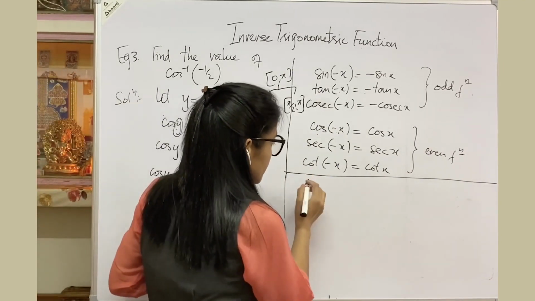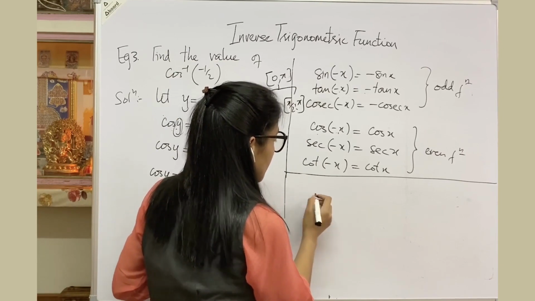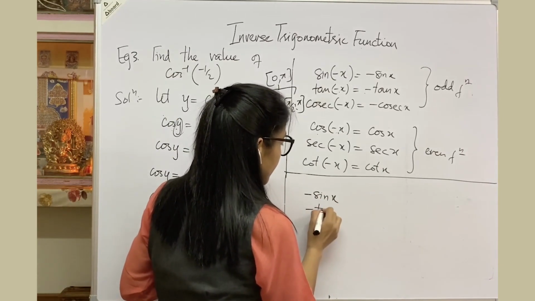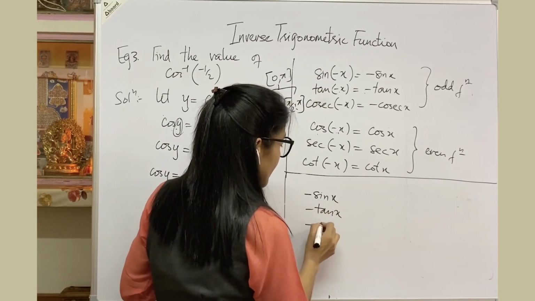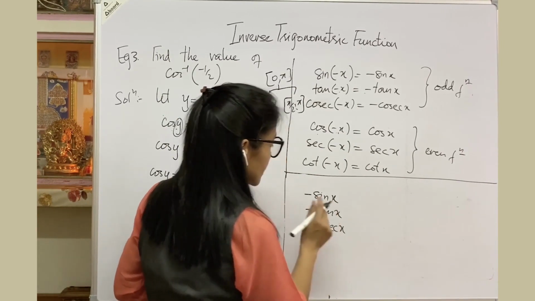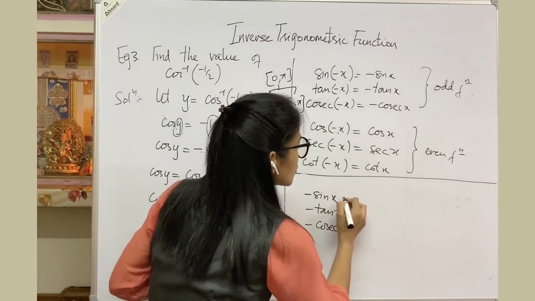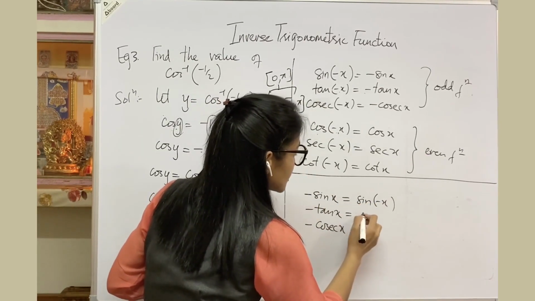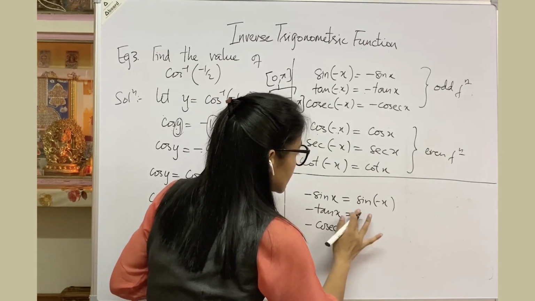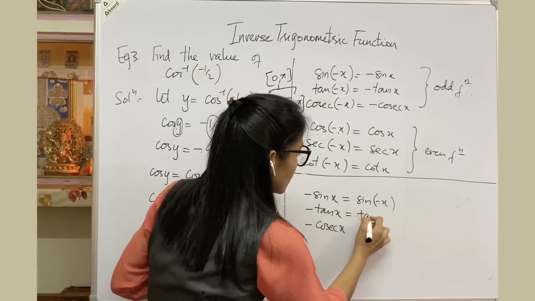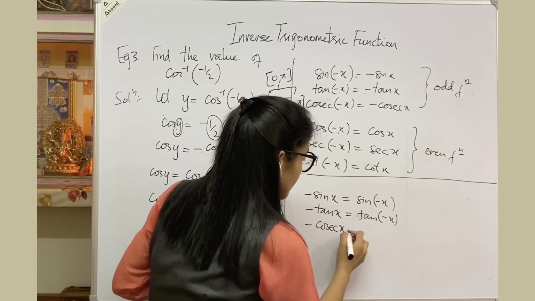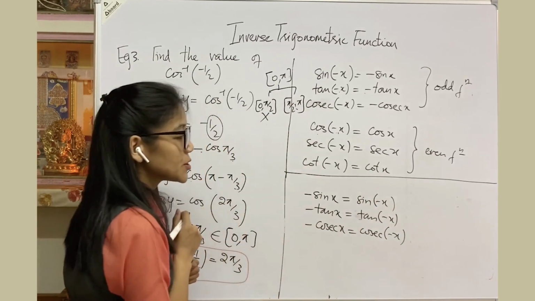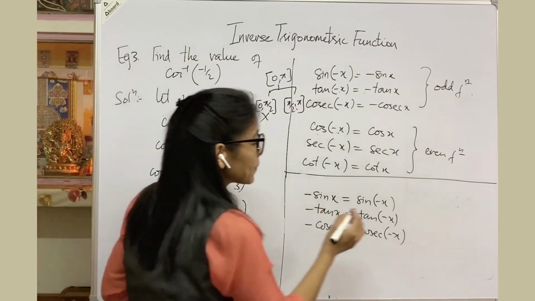If you have negative sine x, negative tan x, and negative cosec x, then you will directly take the negative inside. That is sine of negative x, tan of negative x, cosec of negative x. In this way you will directly take the negative inside.